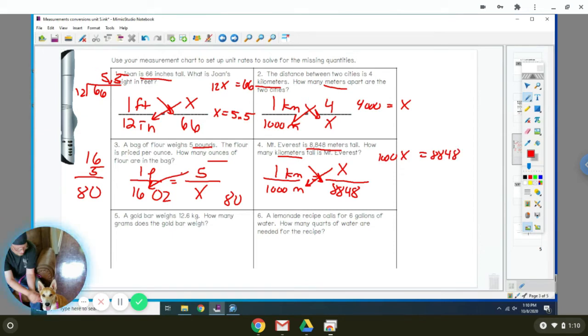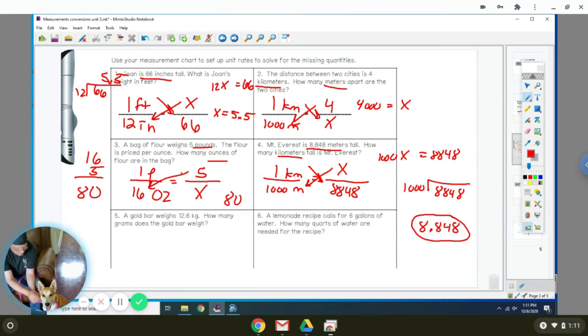So basically what we're going to do is divide 1,000 into 8,848, and that comes out to 8.848. Basically, I just move my decimal 3 times to the left, and you get this. So they are 8.848 kilometers away, or tall, excuse me.